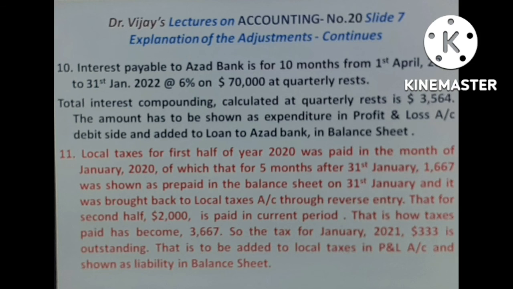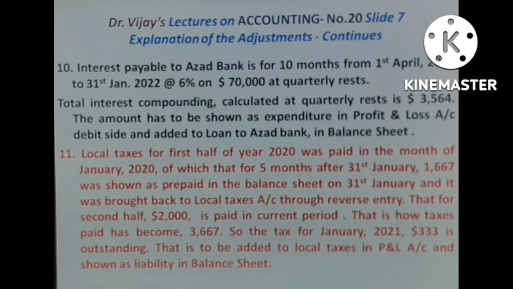The first half year local taxes 2,000 was paid in January 2020. Out of that, 5 months was prepaid because the accounts were closed on 31st January 2020. So out of that 2,000, that for 5 months was prepaid, that is brought forward through a reverse entry to this period's account book, this period's local taxes.